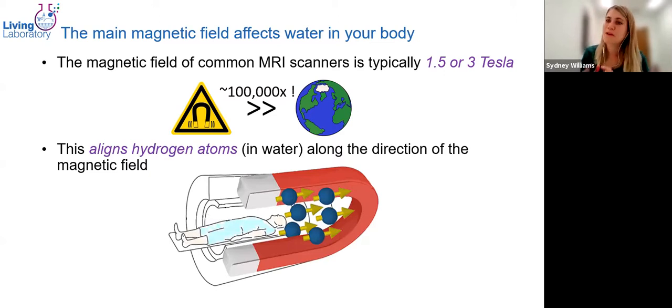This is kind of what's happening on a global scale with the hydrogen in your body when you enter an MRI machine. But it's completely benign. It's just a nice way to kind of orient everything so that we can begin thinking about producing an MR signal or an MR image in total.